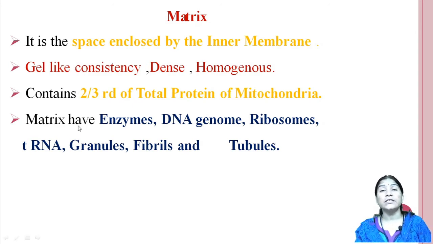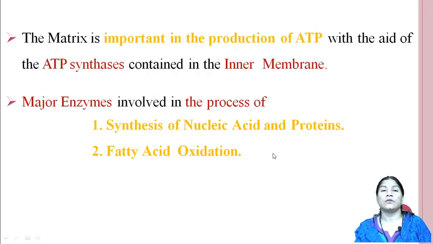The matrix has various enzymes, DNA genome, ribosomes, transfer RNA, granules, fibrils, and also tubules. So, the matrix is important in the production of ATP with the aid of the enzyme ATP synthetase.